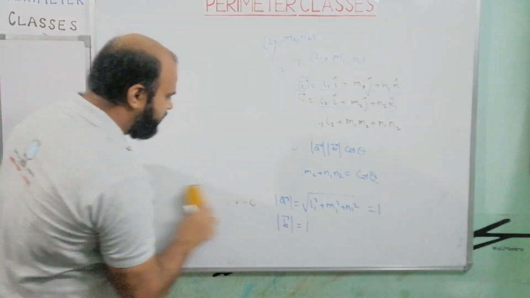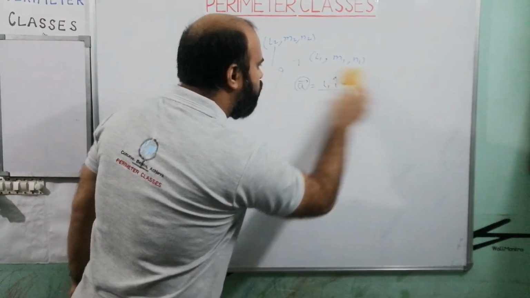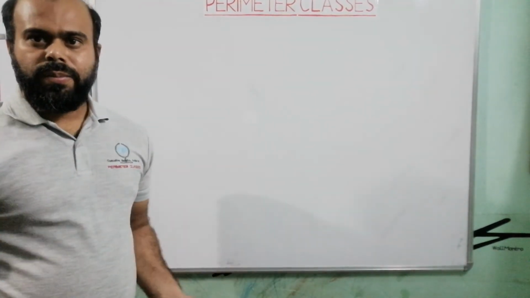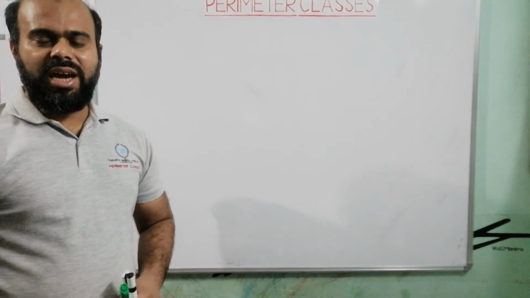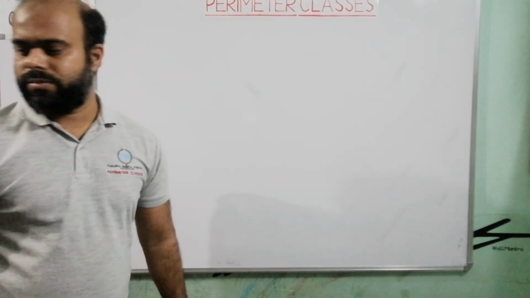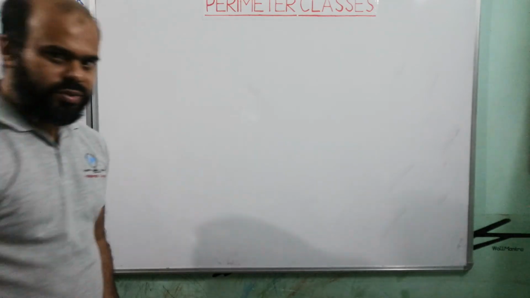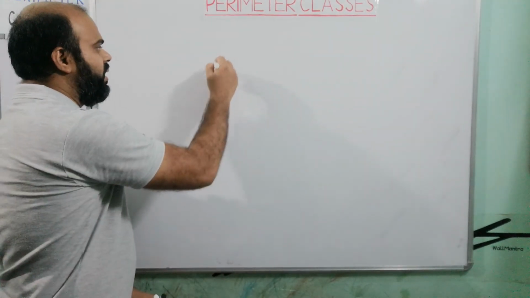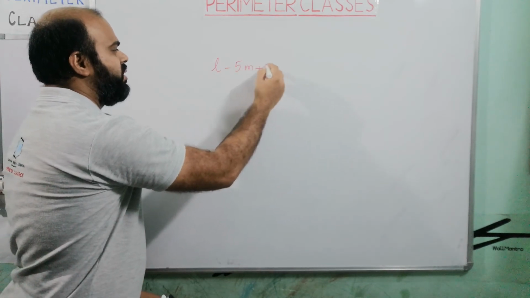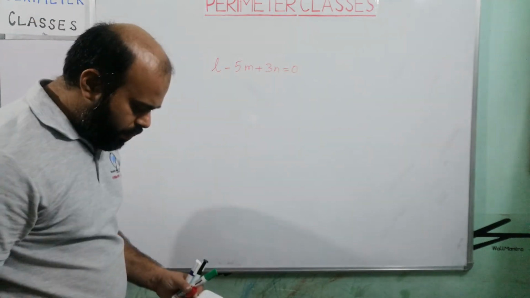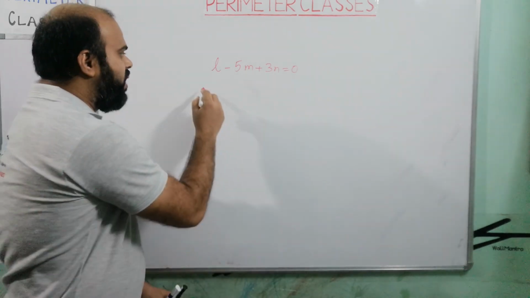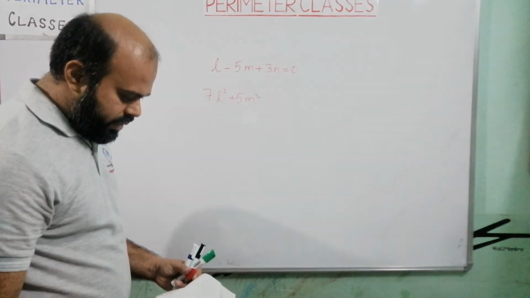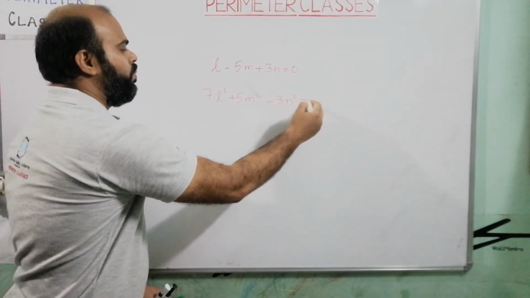So what is the question? It says that there are two lines whose direction cosines are related by two relations. One relation is L minus 5m plus 3n is equal to 0, and 7l square plus 5m square minus 3n square is equal to 0.